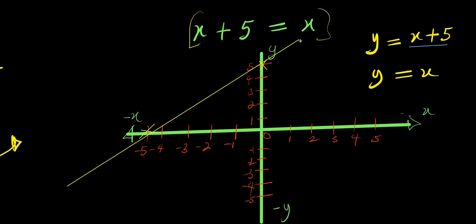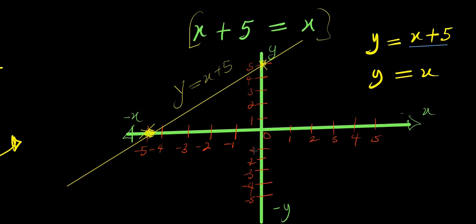So this is for y equals x plus 5. Right? You need to cut across this point here and this particular point here.